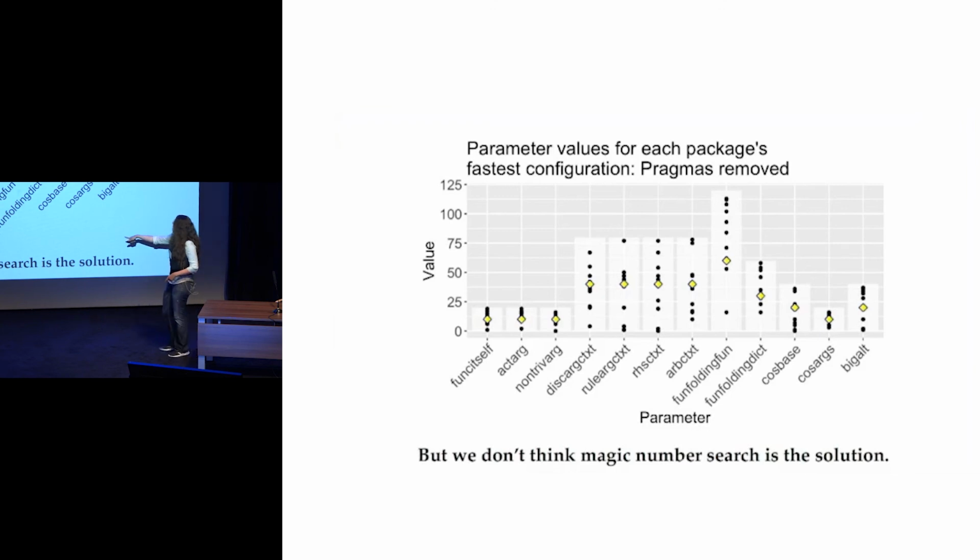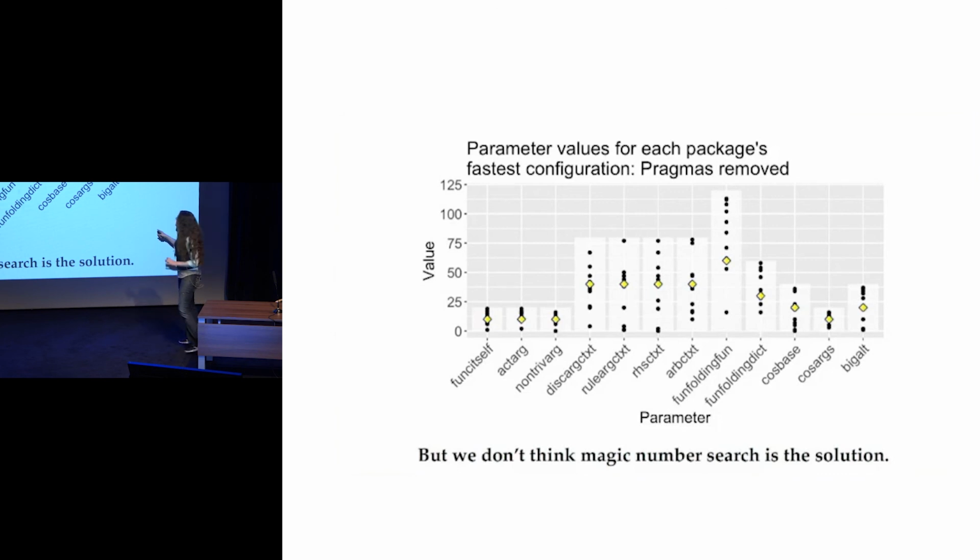So on this x-axis here, we have the parameterized arguments, and then these yellow diamonds are GHC's default numbers for each of those. And these lighter colored boxes represent the random distribution that we pulled from. And then each of these black dots for each argument is each package's preferred magic number for its best configuration.